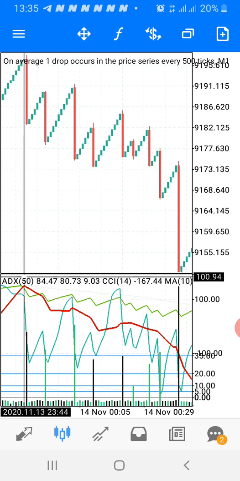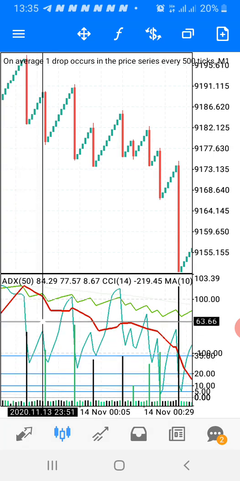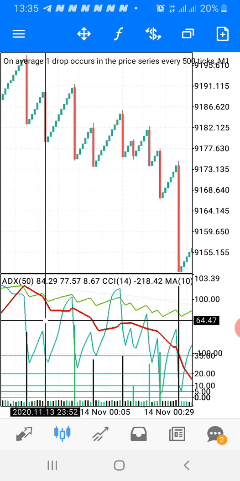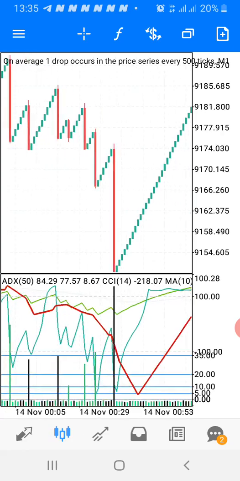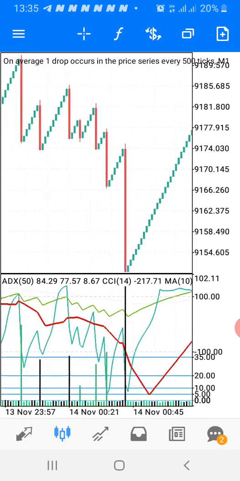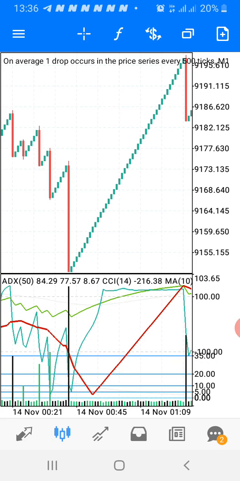And I saw a black candle, which is this candle on the graph. I expect another spike. This is it. You see how it works, right? So when you see a black candle, you can expect a spike. You see?